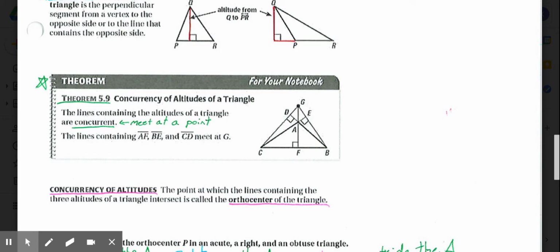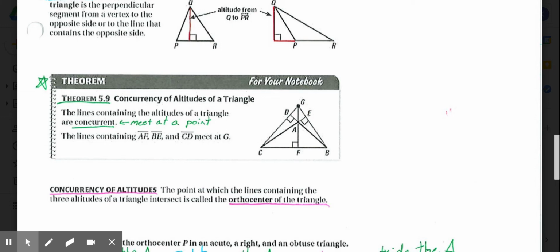And then for the altitude going from C to side AB, that would be C going over here across that way. So we would end up with CD, we would end up with BE, and we'd end up with AF. So our three altitudes for triangle ABC all meet at point G.